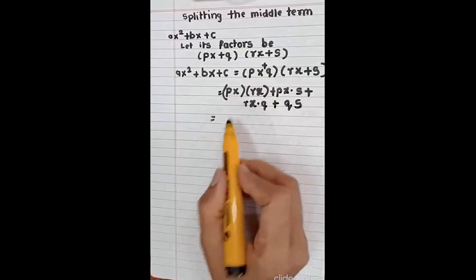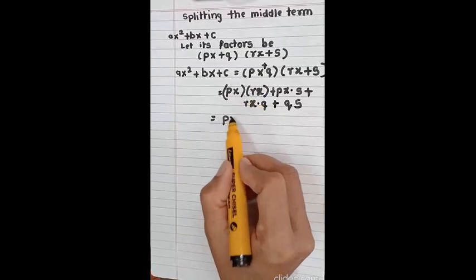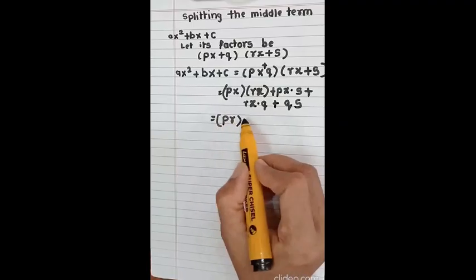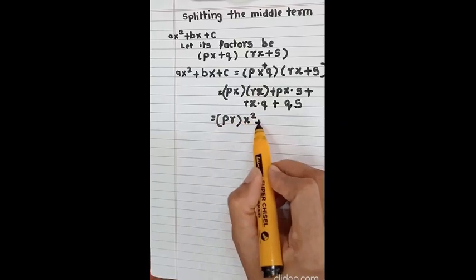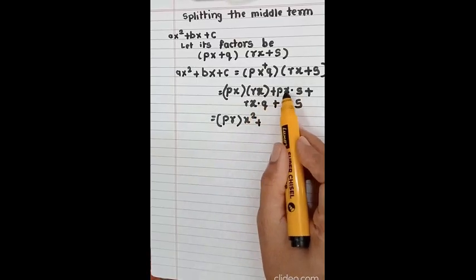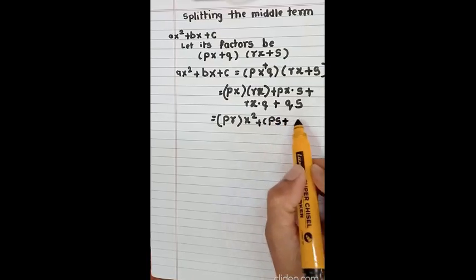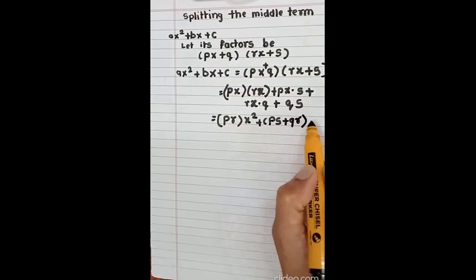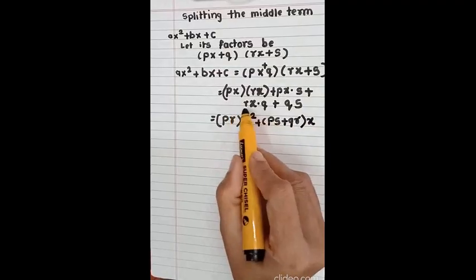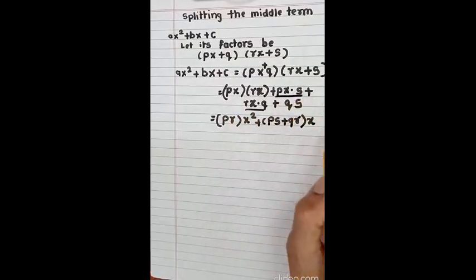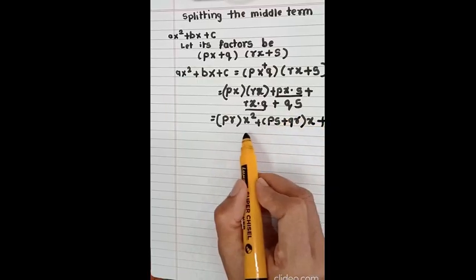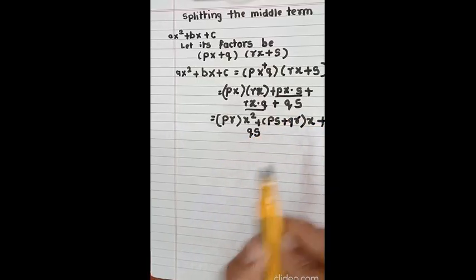So what do you get here? We can multiply this. So pr x square plus, here the x term is ps plus qr x, and plus qs.